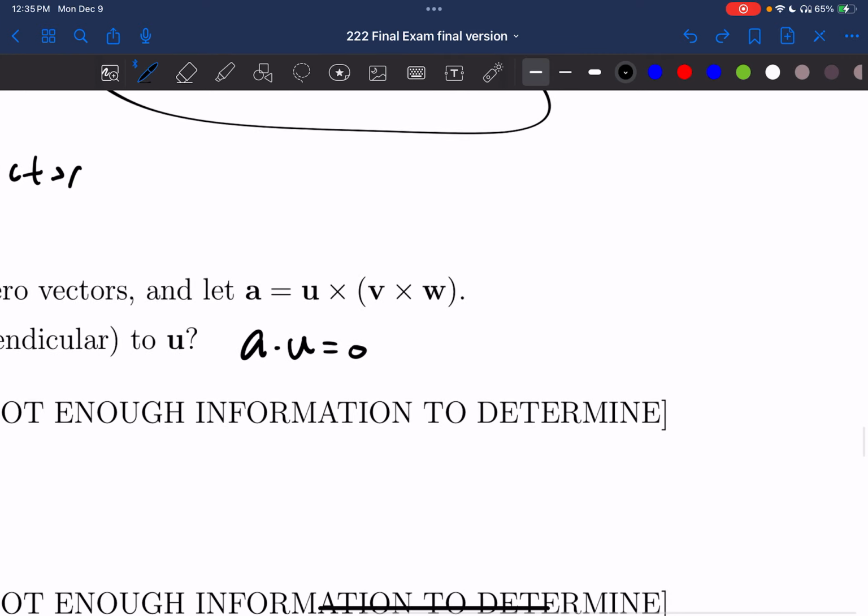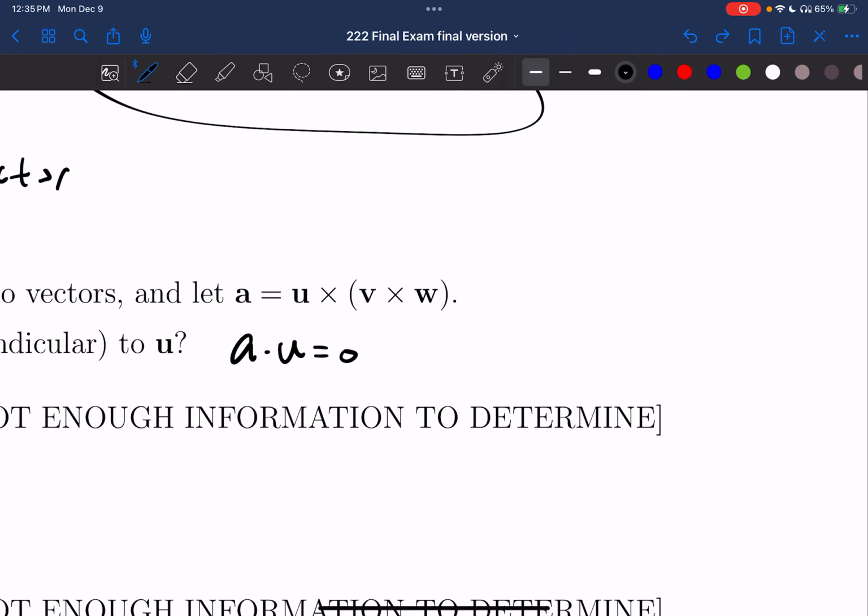A vector triple product identity basically puts us at A equals u cross (v cross w), which is u dot w, this dot this, times v, minus u dot v times w.